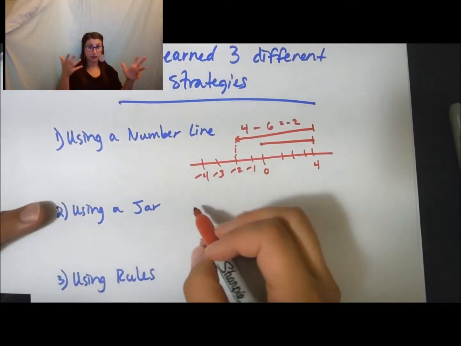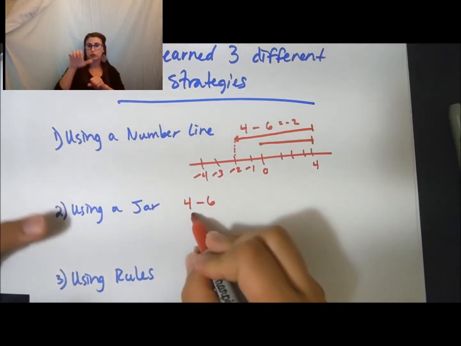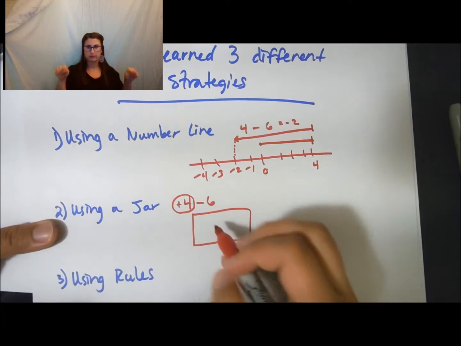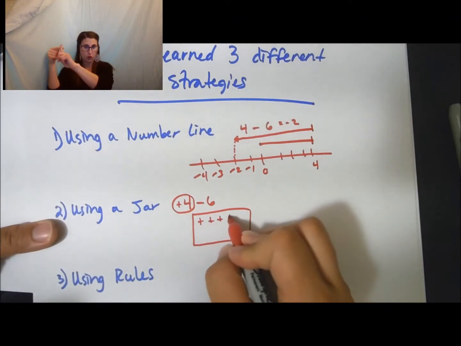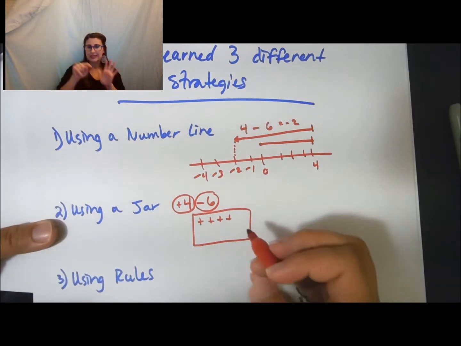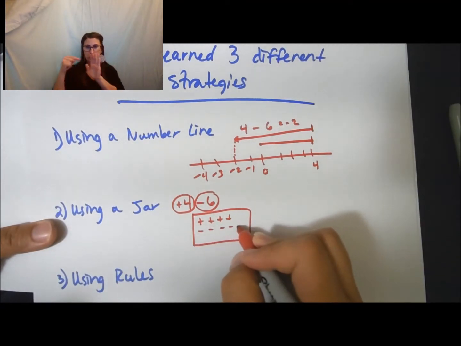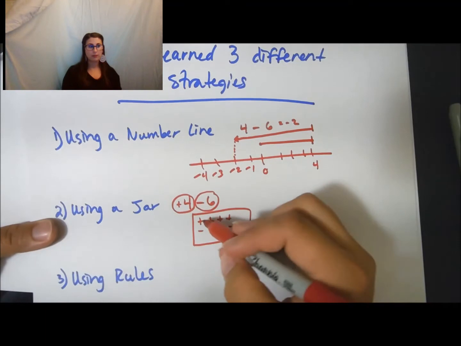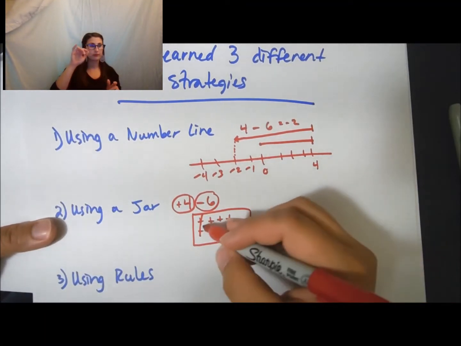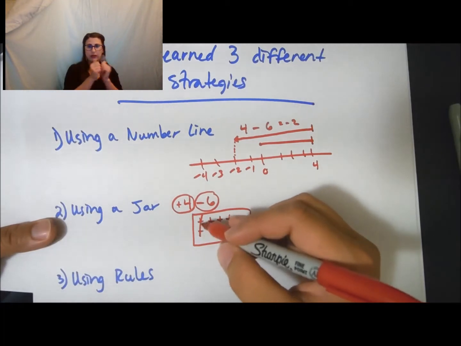Then we looked at a jar. So if I had 4 minus 6, we did a jar and we said, okay, this represents 4 positive, so 1, 2, 3, 4. And then we said, this represents 6 negative, so 1, 2, 3, 4, 5, 6. And this cancels because it's a zero-sum pair. When you add them up it equals 0.